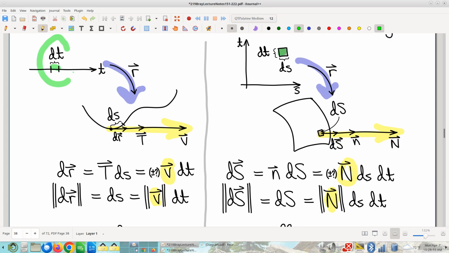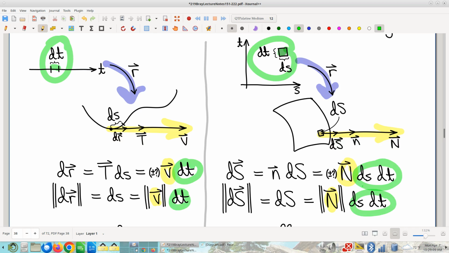There's a pullback size dt there. There's a pullback size ds dt there. I'll leave those circled. We can see where those show up in the calculations. Again, of course, they're different: one's one-dimensional, one's two-dimensional, but they play analogous roles in the equations.